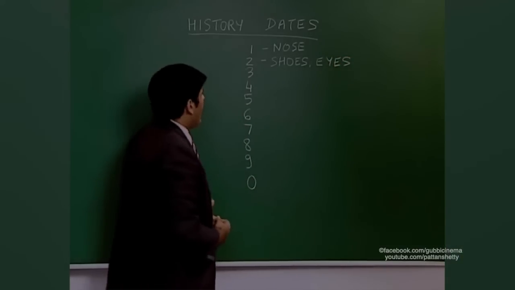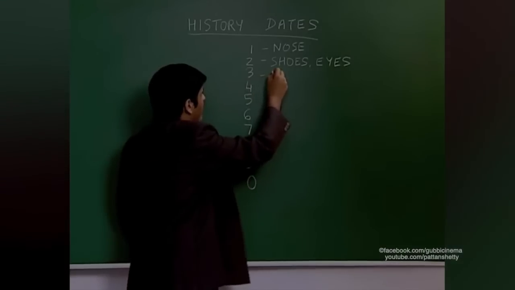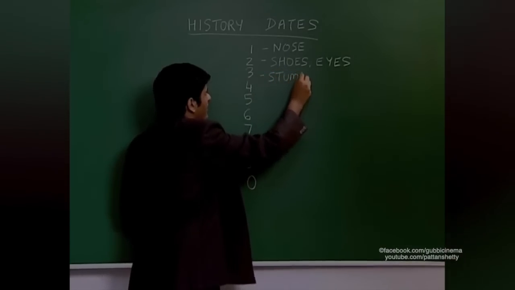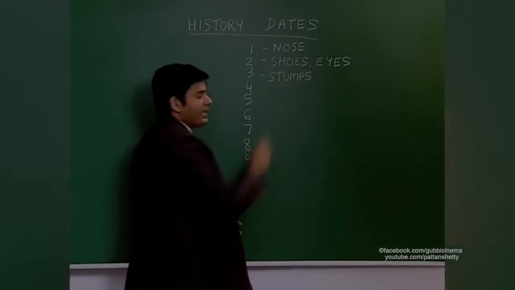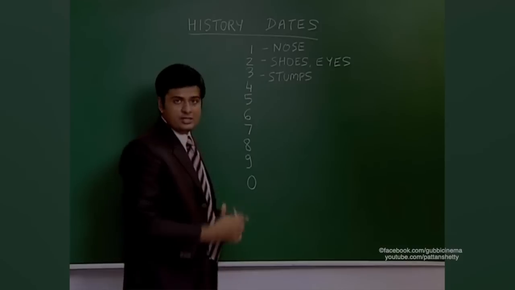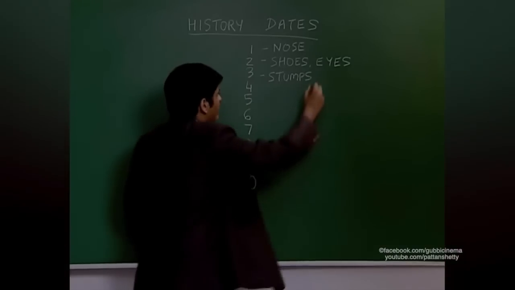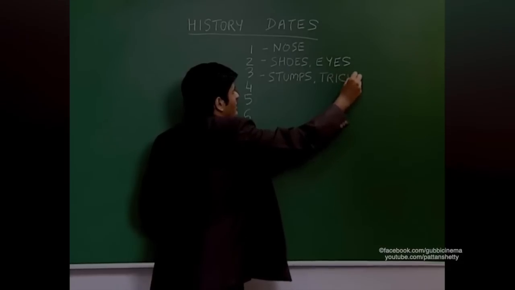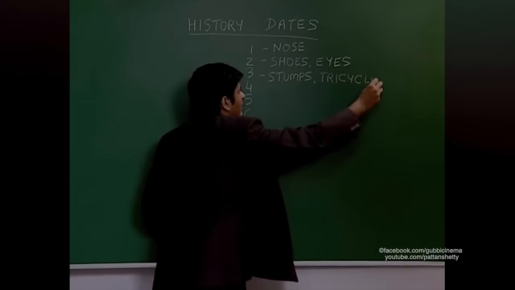Against 3 I am writing stumps, because behind the cricketer, when he is playing cricket, there are 3 stumps. So 3 reminds me of stumps. Also against 3 I can take tricycle, because a tricycle has 3 wheels.